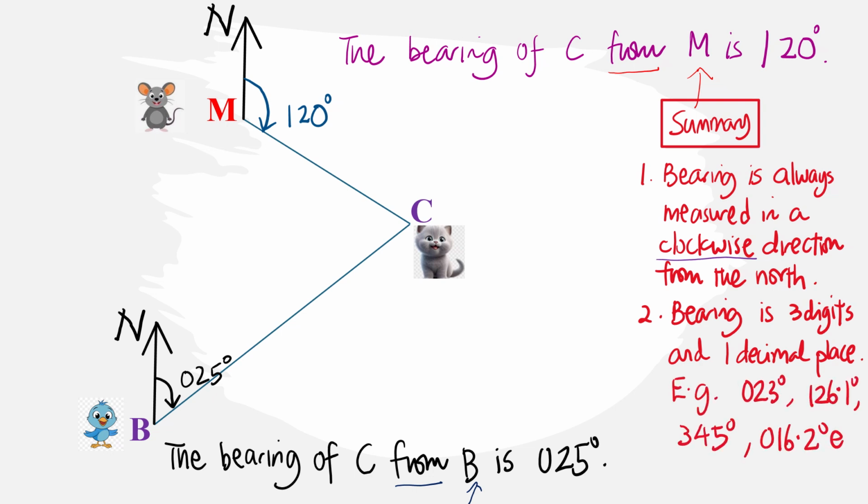For example, if the bearing is 23 degrees, you will have to add a 0 in front to make it 3 digits. And if it's not the exact value, like for example 126.123456, then you express it to 1 decimal place, which is 126.1 degrees, or 345 degrees, which is exact 3 digits, or 016.2 degrees, etc.